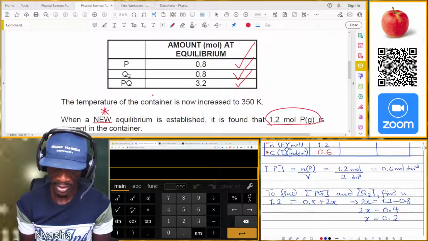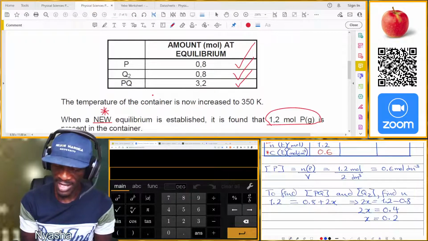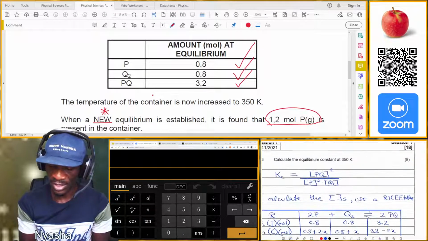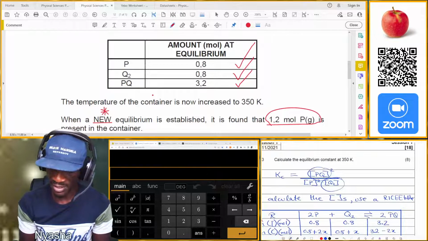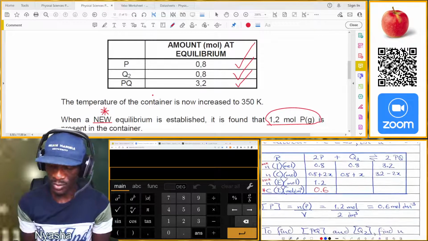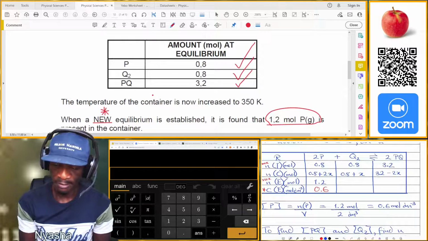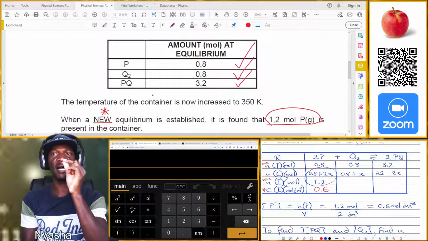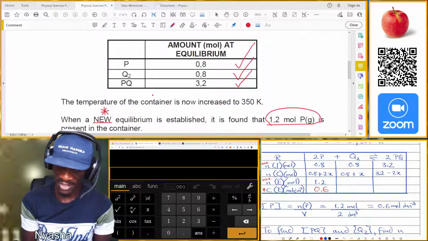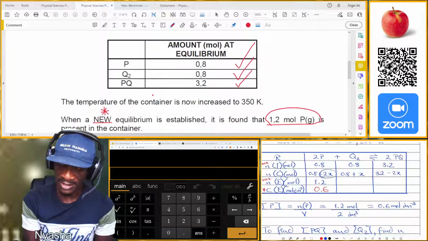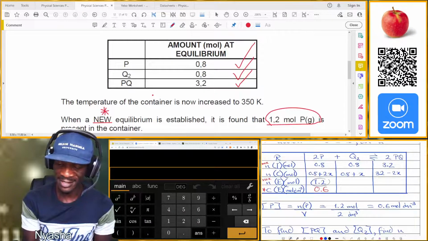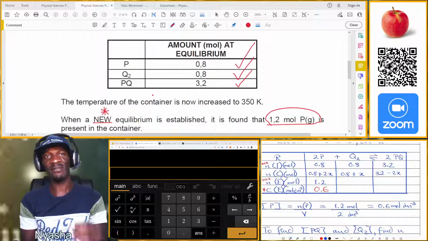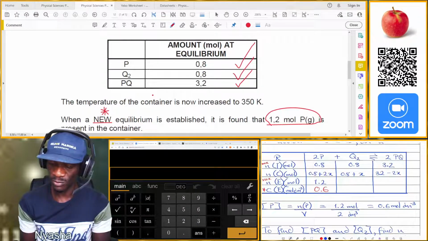What are we doing? We said we want to find now the concentration of PQ and the concentration of Q2 so that we can fill in this part of the calculation. How can we do that? We can do that by finding x, just because we already know what's happening to the species P. When a certain change takes place, then its number of moles become 1.2.